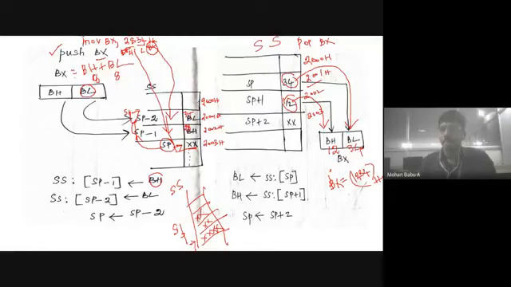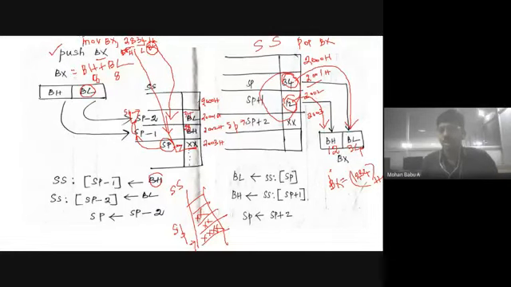Now after popping these two data from the stack, the stack pointer will be moved to which address location? SP plus 2. After popping, that is getting this data out of the stack, the stack pointer will be moved to this address location. The stack pointer always points to the address location on top of the stack.